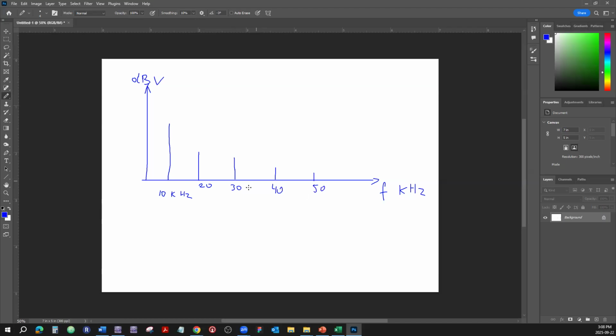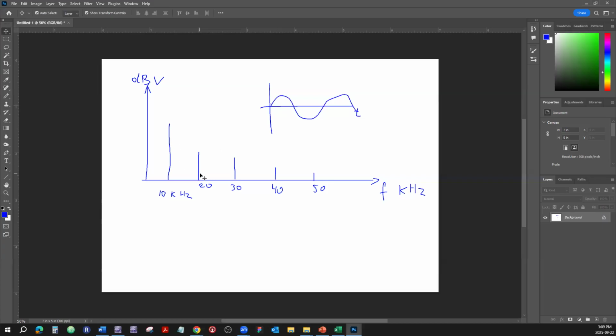Now, when we are dealing, let's say we have a time domain here, when we're dealing with a pure sine wave, then these guys here really shouldn't exist. Because it's a pure sine wave, and that's it.